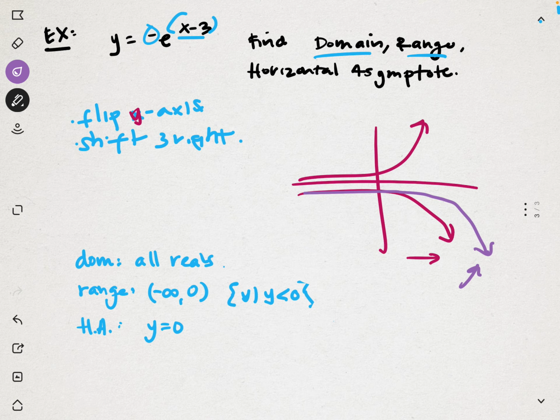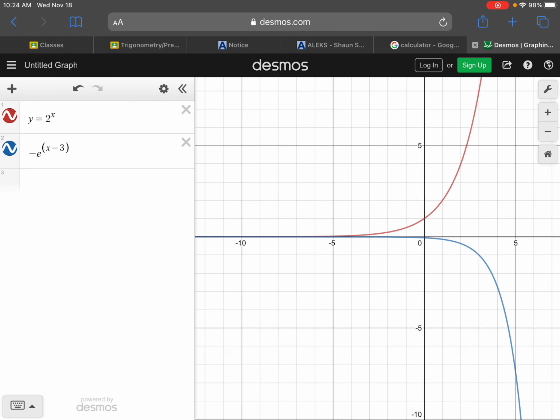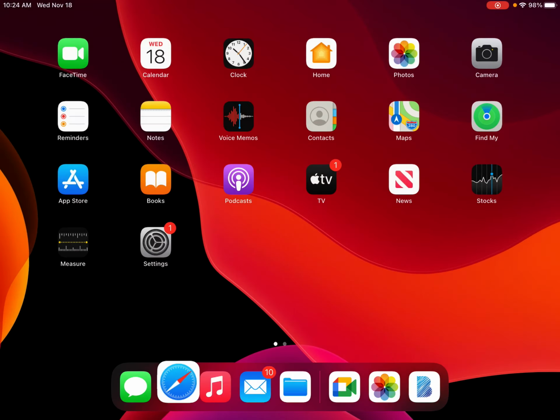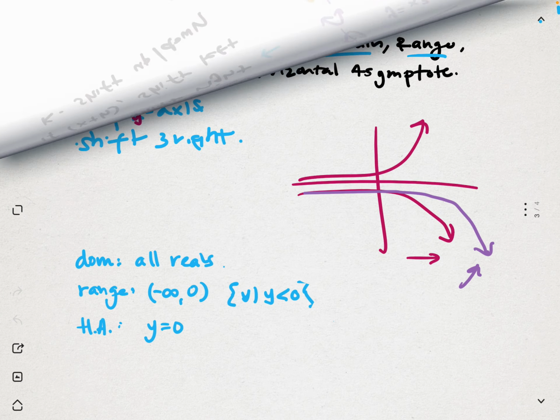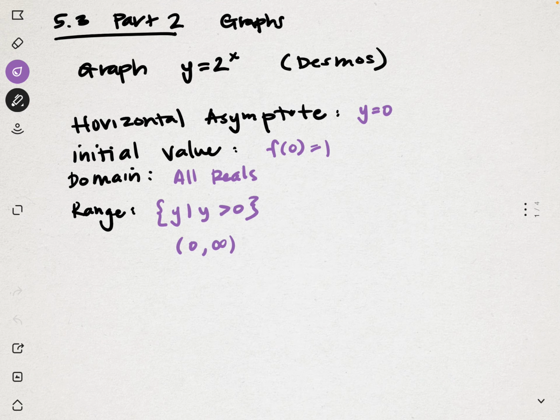Okay, and then if we look at our graph, it is in blue, and it should reflect that, right? Okay, awesome. Oh, and I guess that's it. Oh yeah.